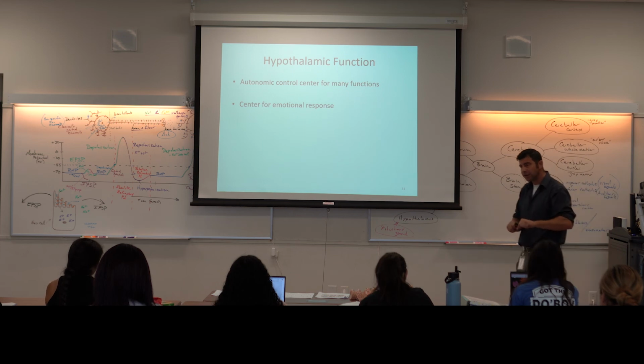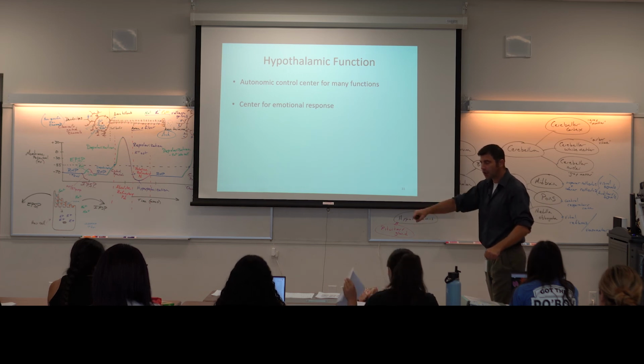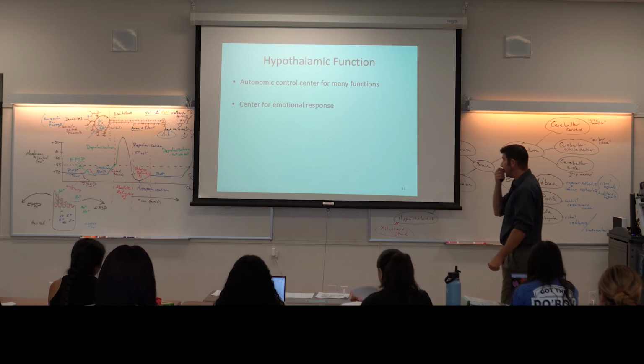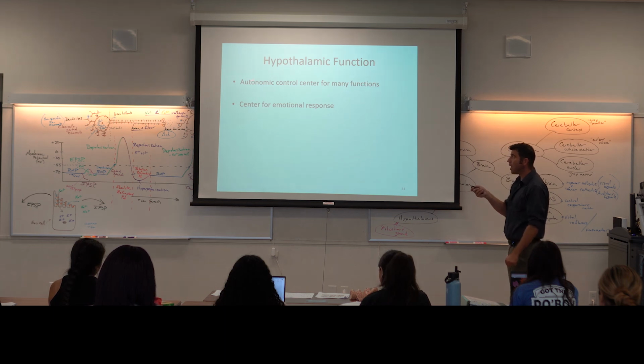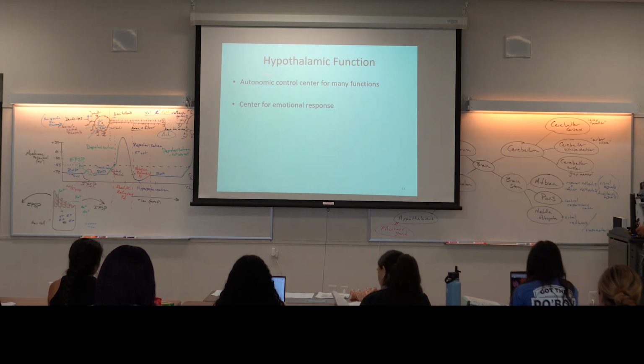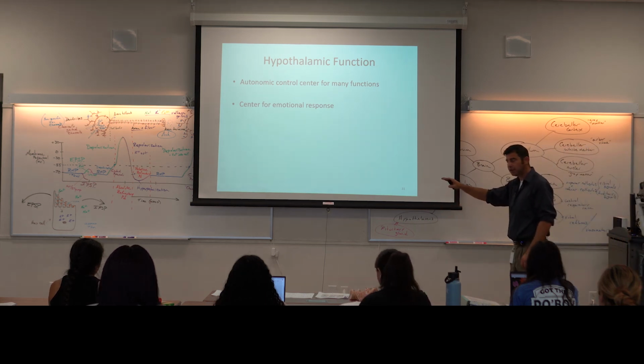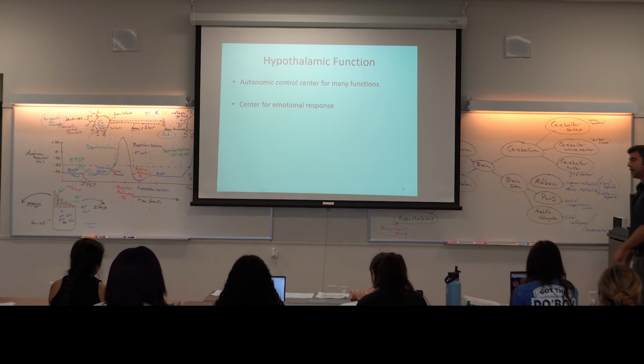And that motor division was separated into the voluntary muscles, skeletal muscles, and then all of the involuntary muscles like cardiac muscle and smooth muscle. It's this autopilot, the autonomic nervous system, that controls cardiac muscle and smooth muscle. The hypothalamus controls that autopilot. It controls whether or not you're in fight or flight or in rest and digest.